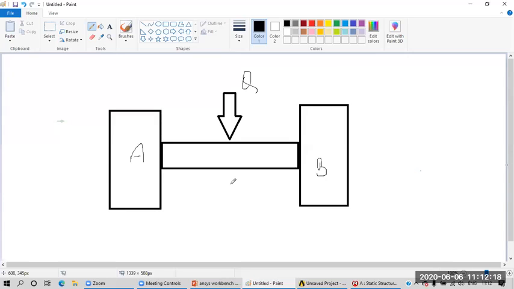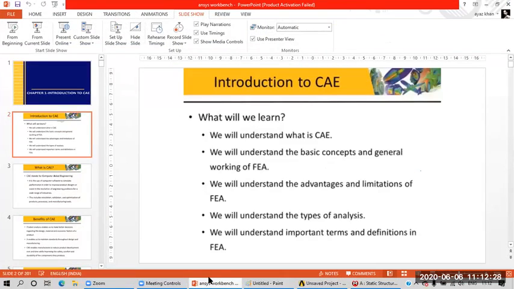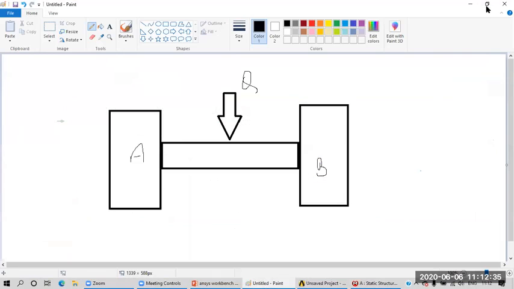Now tell me, what do you understand by the word analysis? Any one of you can turn on your mic. Just simply say anything you have in your mind related to the word analysis. Predict material behavior, sir. For example, stress strain analysis. No, it can be any analysis.